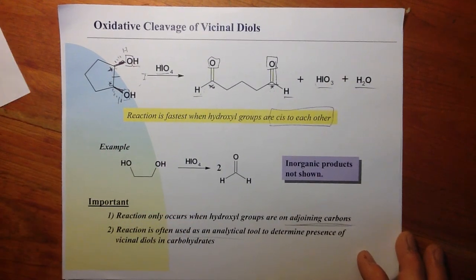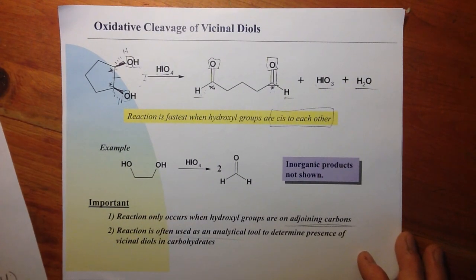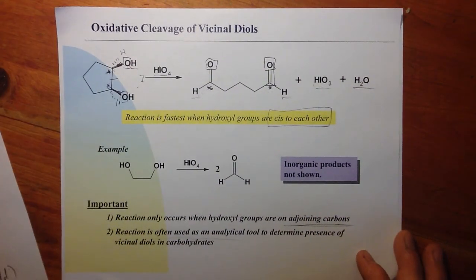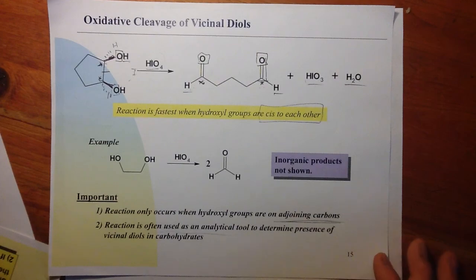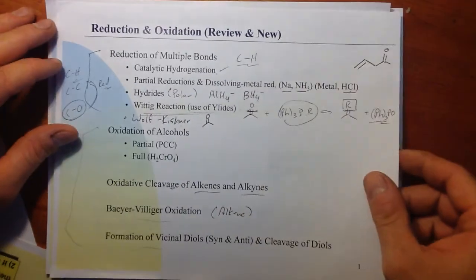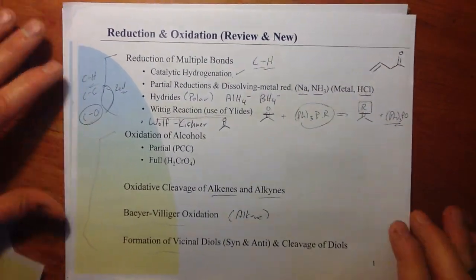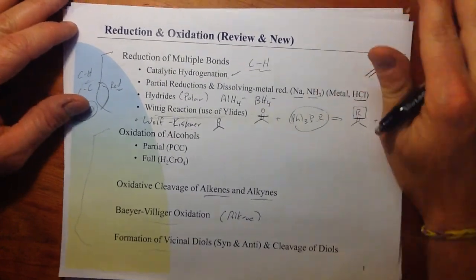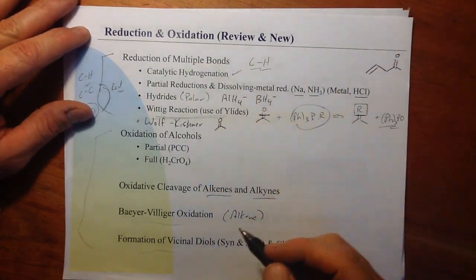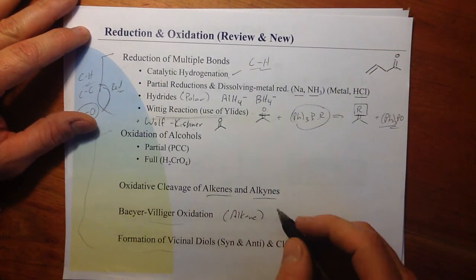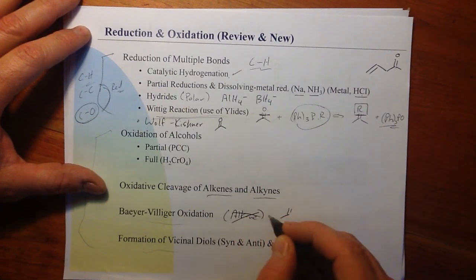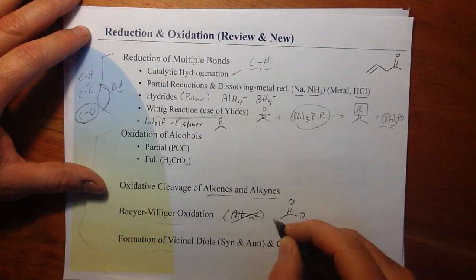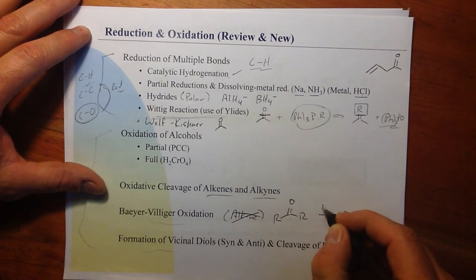So we've kind of gone all the way back to the beginning. Okay, if I can find my beginning. There we go. We've looked at oxidation of alkenes, alkynes, alcohols. We've looked at the Baeyer-Villiger oxidation, where we can take, this is not the alkene, this is the carbonyl that we can insert the oxygen into.